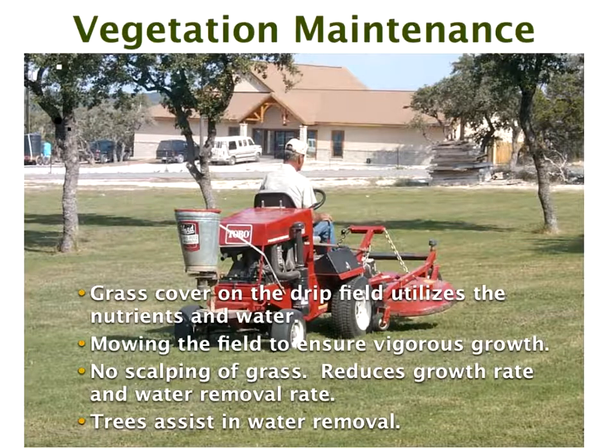And of course, it provides evapotranspiration. If you mow it, the more you mow grass, the more vigorously it will grow. If you let the grass grow to a reasonable length, about an inch or two, and then keep mowing it at that reasonable growth, it will increase the evapotranspiration and increase the water take-up. Trees, of course, always help. Okay.